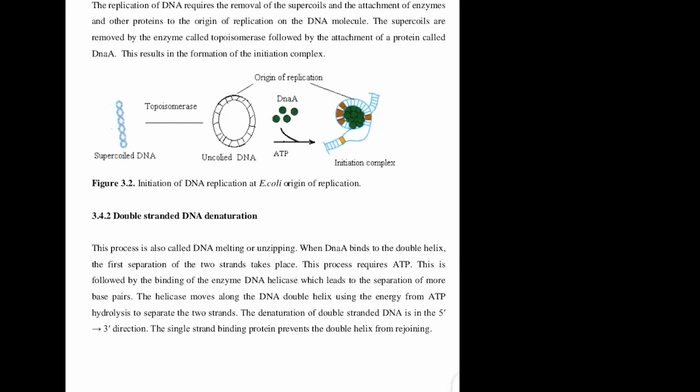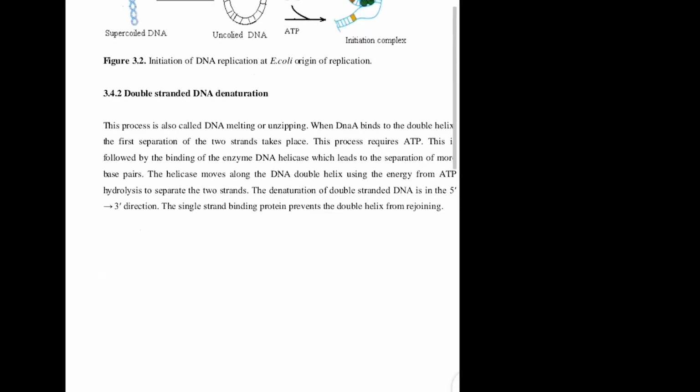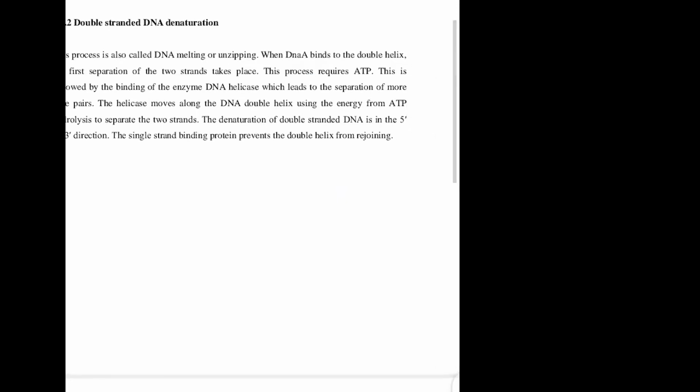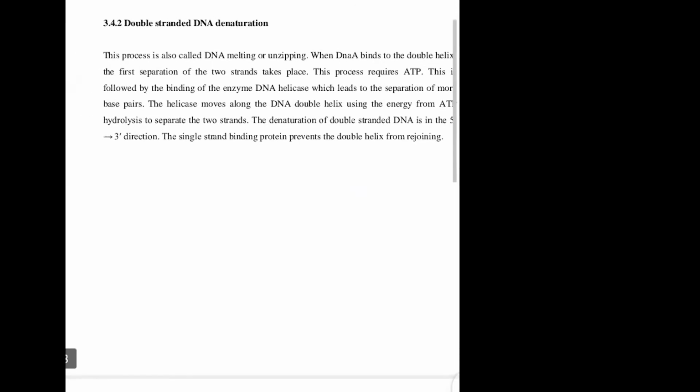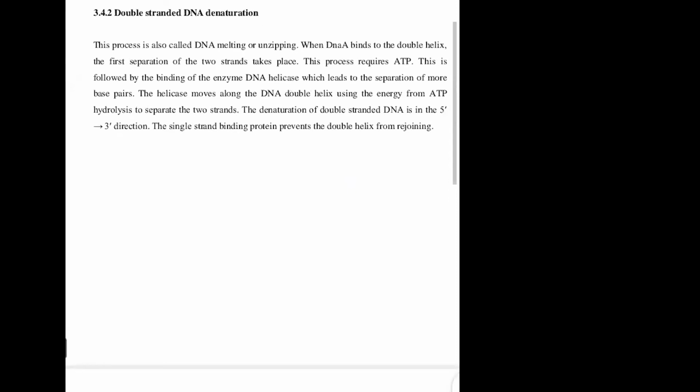Now, let us look at double-stranded DNA denaturation. What do they mean by double-stranded DNA denaturation? The process is also called DNA melting or unzipping. So when DnaA binds to the double helix, the first separation of the two strands takes place. Remember, DNA is double-stranded.